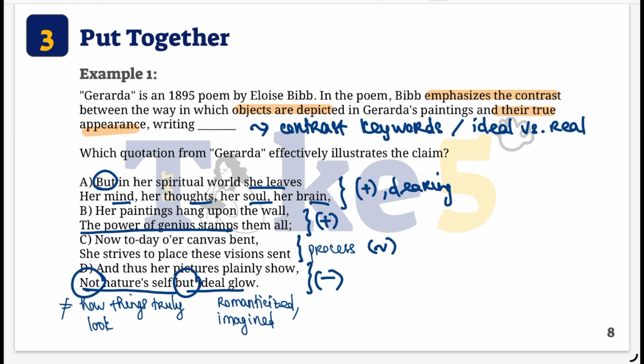So D is the only correct one because the internal structure of the quote, like not X but Y, mirrors the claim structure, the difference between paintings and the true appearance. A, B, and C each describe only one side, either her process or her talent, with no opposing idea intended.